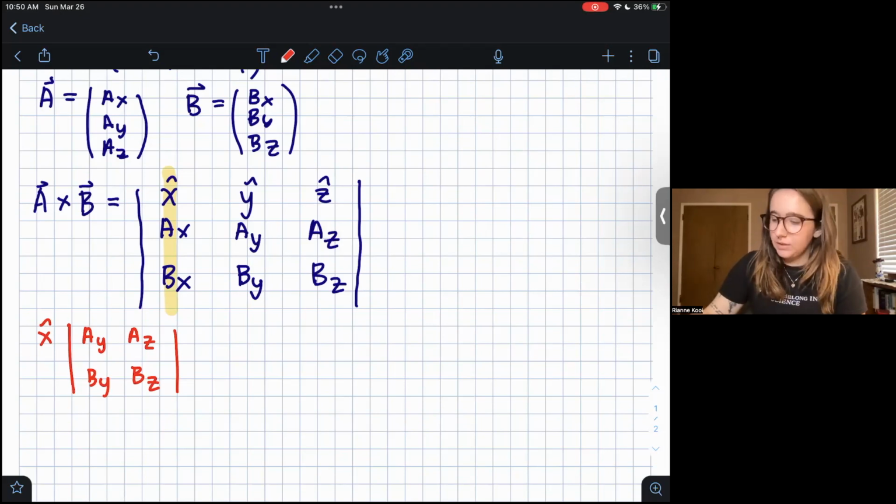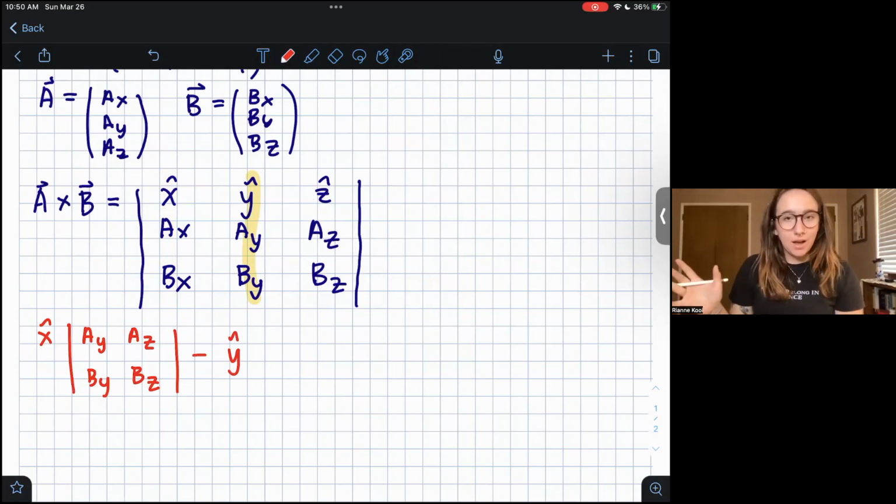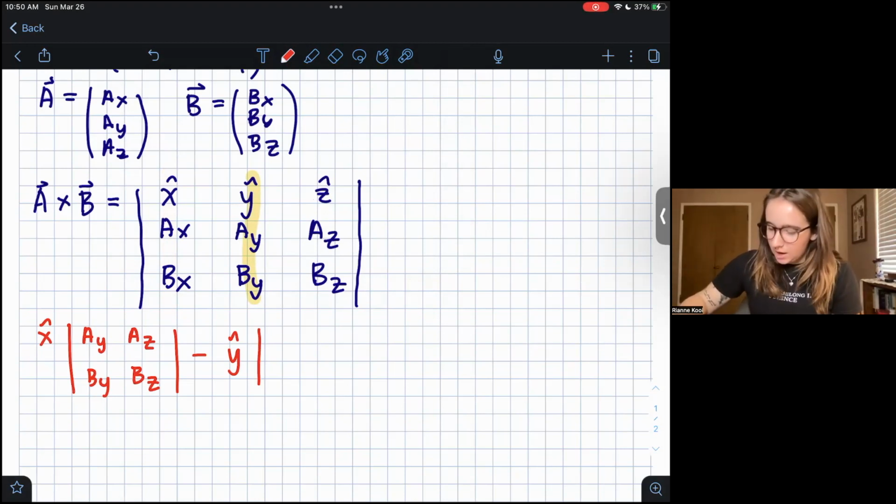Then we want to find the Y component. So we're going to take that out. This is just standard notation, but you always do negative Y hat or negative J hat, whatever one you're using. It's just standard practice to do that, so I always remember to do that. And now we look at what's left, what's not highlighted. We have AX and AZ and BX and BZ.